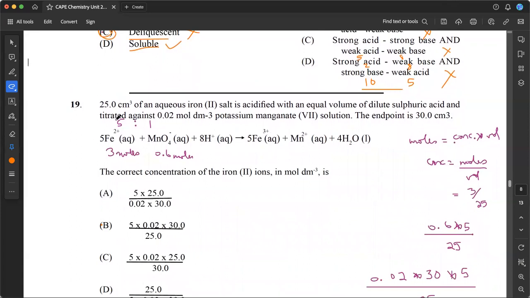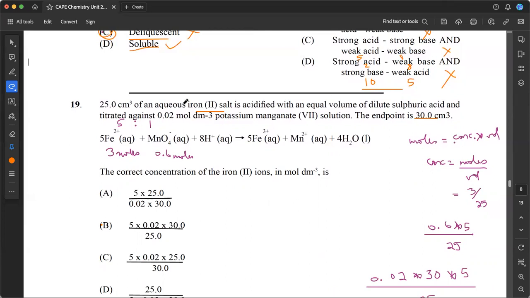19 says 25.0 cm cubed of an aqueous iron 2 salt is acidified with an equal volume of dilute sulfuric acid and titrated against 0.02 mole per dm cubed of potassium manganate 7 solution. The endpoint is 30 cm cubed, right?